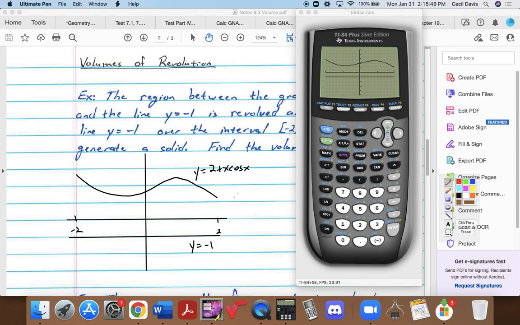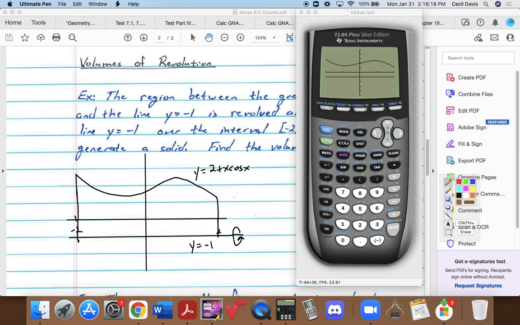And we're going to rotate this whole figure around the line y equals -1. So we're going to spin it around that. Okay, and again, you don't have to be able to imagine what that looks like in 3 dimensions, but just think about it this way.